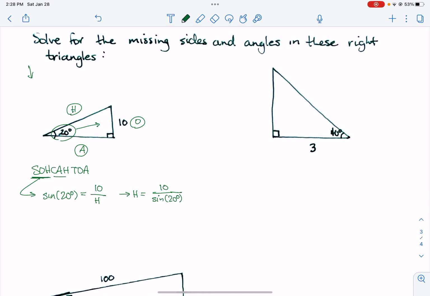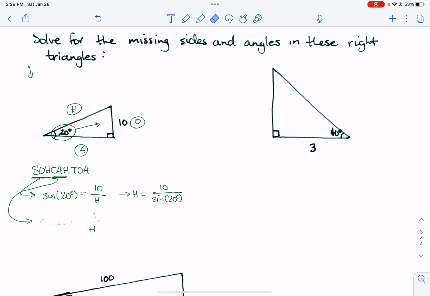So let me go ahead and also solve for the adjacent, right? You're going to want to use the cosine equation. That's telling you that cosine of 20 degrees equals a over the hypotenuse, which I guess I'll have to get that hypotenuse here. Or in fact, actually I can avoid that, right?